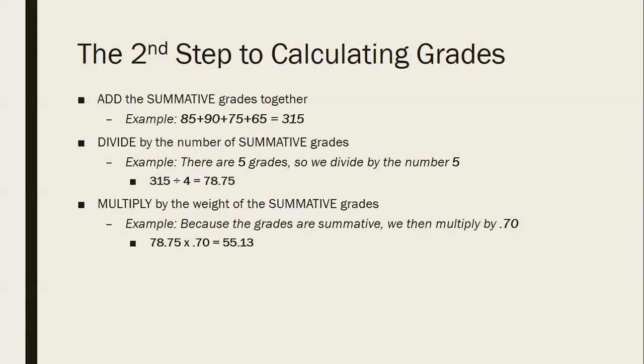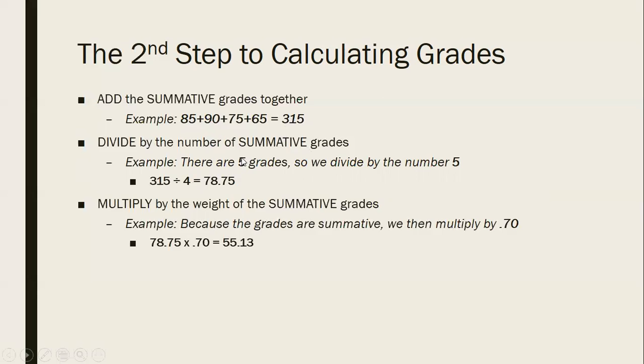So we're going to add the summative grades together. So in this situation, the student has 85, 90, 75, and 65. So the total is 315. Then we divide by the number of summative grades. So there are 1, 2, 3, 4 summative grades. 315, which is our total here, divided by the number of summative grades.